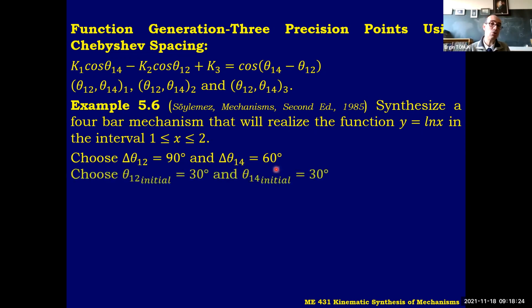Also, I will choose the initial positions of the cranks arbitrarily as well, because it's not dictated by anything else, but it might be dictated, okay? So what I assume is initially both cranks are at 30 degrees like this. So this is going to become 90 at the end.